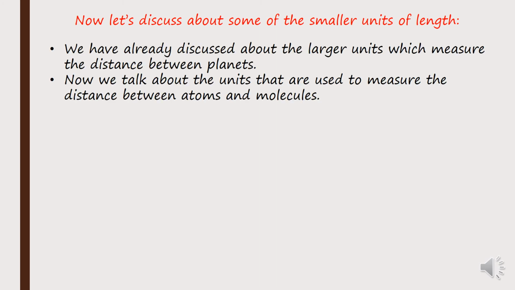We have already discussed the larger units, which measure the distance between planets. Now let us talk about the units which we use to measure the distance between atoms and molecules. These are Angstrom and Fermi.